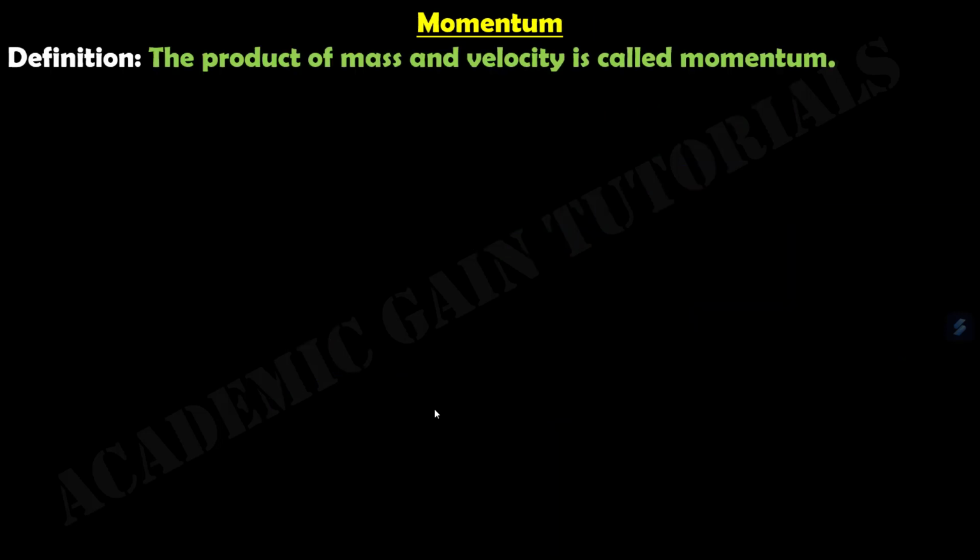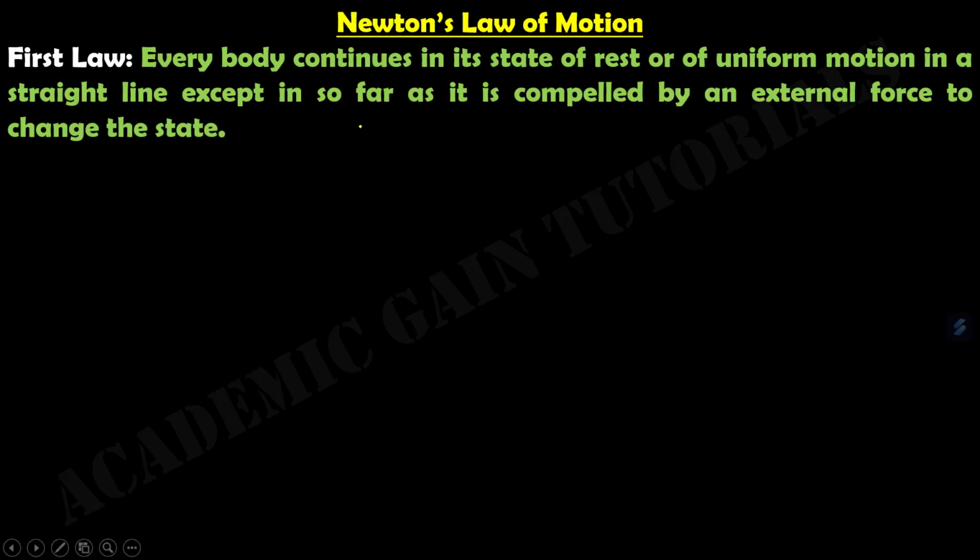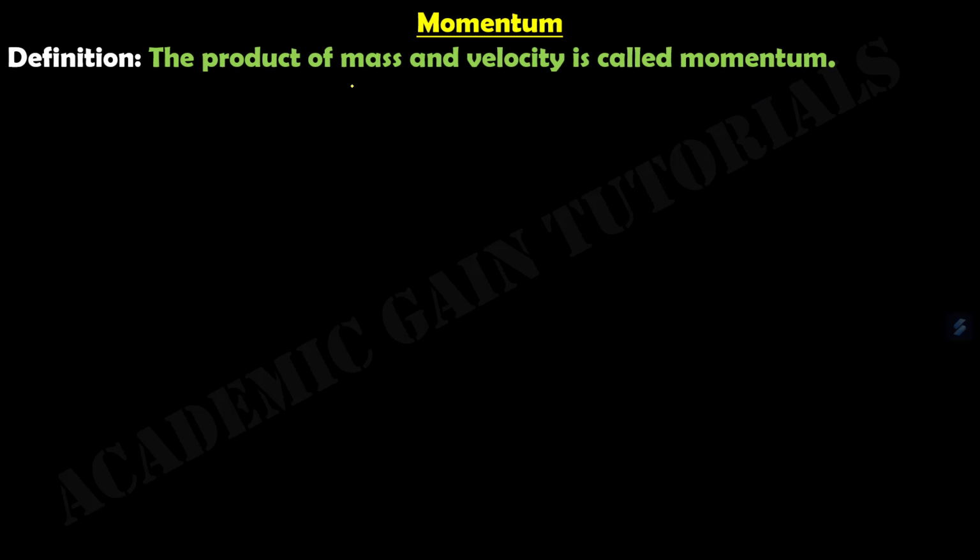Now coming to the next and the last topic of this video, which is momentum. So what is momentum? The product of mass and velocity is called momentum. Suppose a bus is moving, and the mass of this bus with passengers is capital M, and the bus is moving with velocity v.